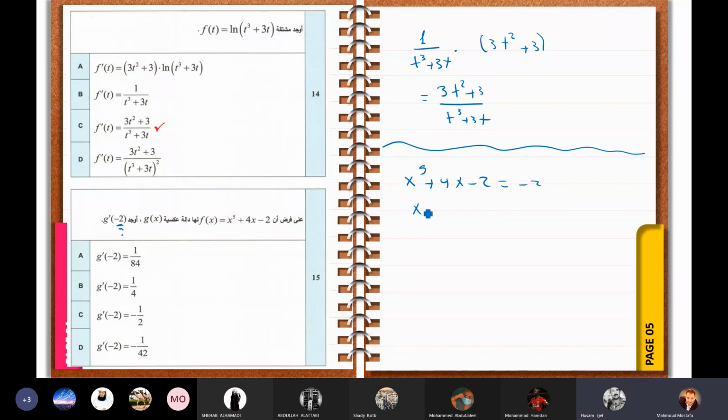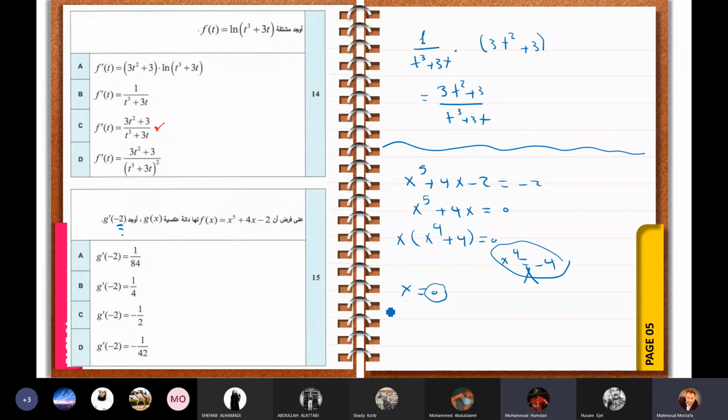So x power 5 plus 4x equal to 0. You can take x as a common factor: x times (x power 4 plus 4) equal to 0. So the solution is x equal to 0, because the other one would be x power 4 equal negative 4, which is refused, of course. So x is 0. Now, what to do? We have x equal 0, then g of negative 2 is equal to 0.